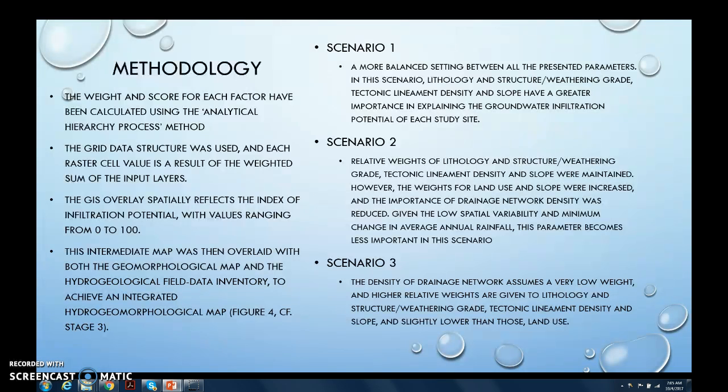In Scenario 3, the density of the drainage networks was decreased in the weighting and scoring. So each of the scenarios are slightly different, but should produce a good set of data to understand the groundwater system at each location.